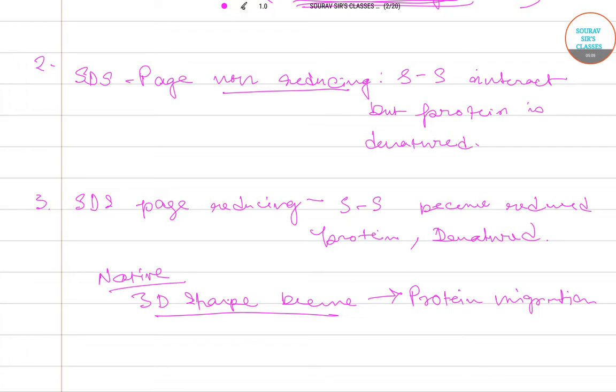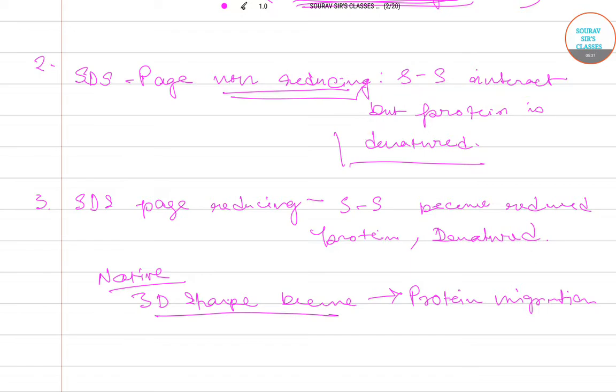Now, in this non-reducing SDS PAGE, what happens? You still denature the protein. You just leave the disulfide bonds intact.